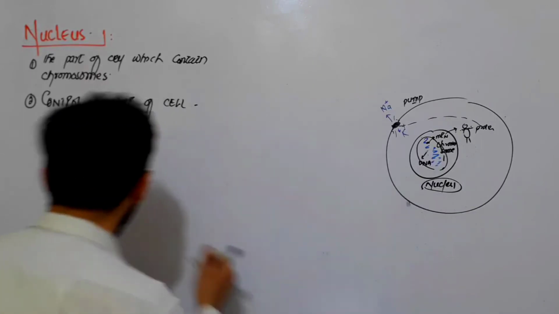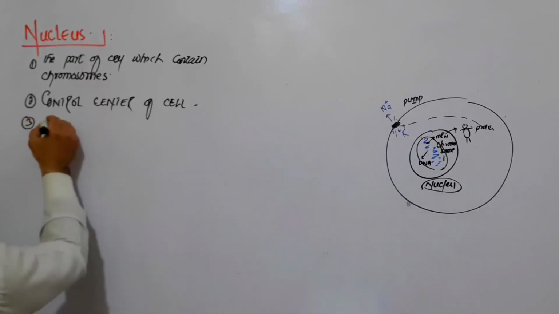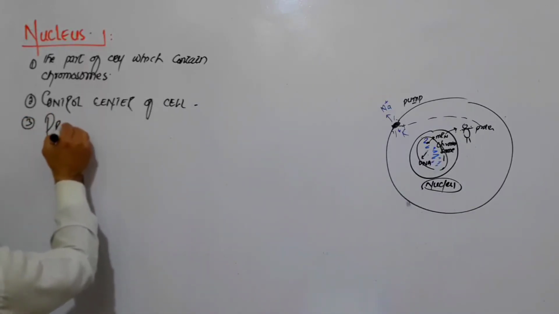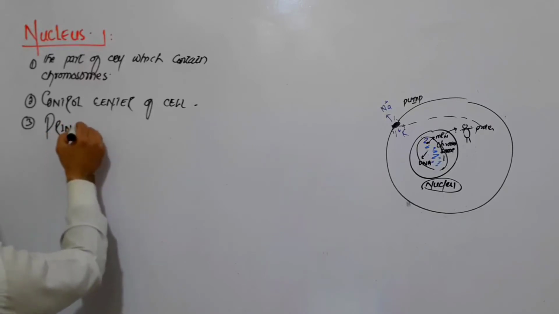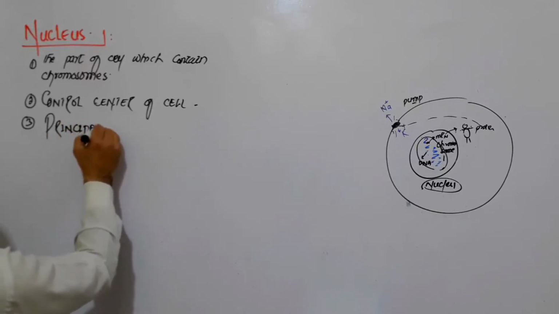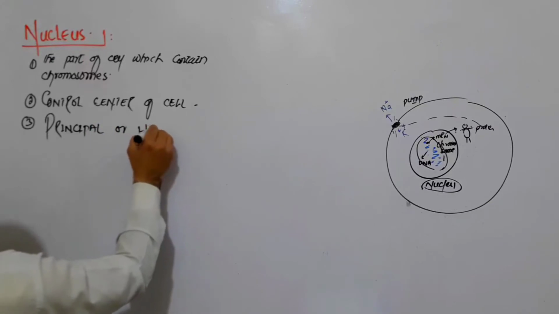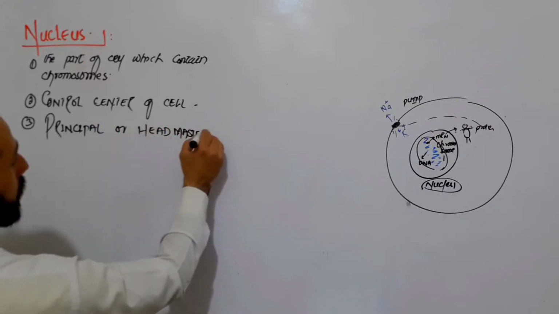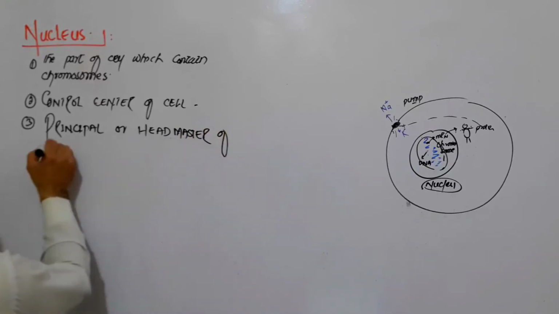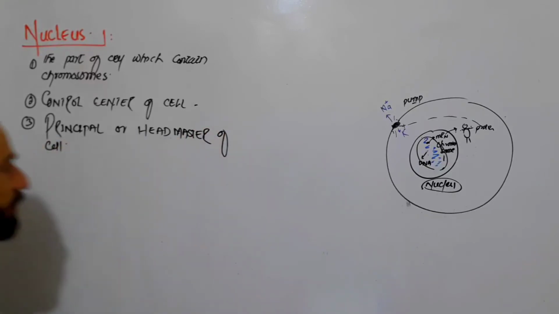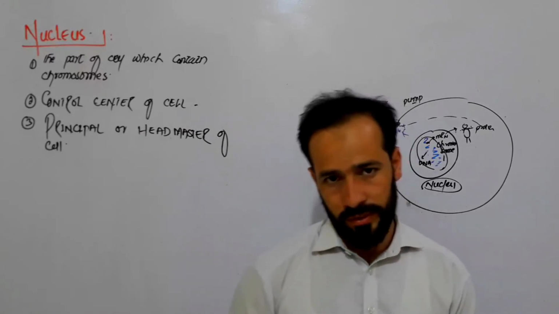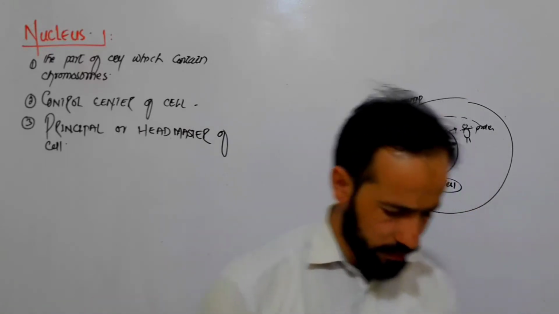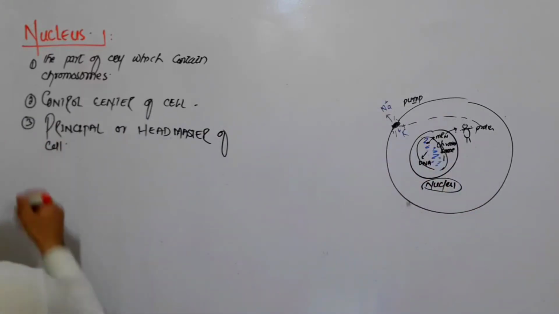We say here: the nucleus is the principal or headmaster of the cell. The nucleus is the controlling center of the cell. It controls all the activities of the cell. Done. Then, about the discovery of the nucleus.